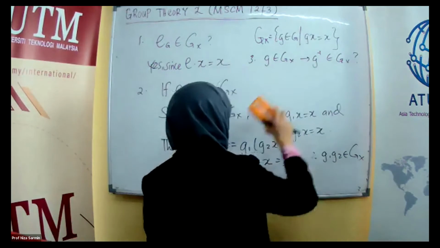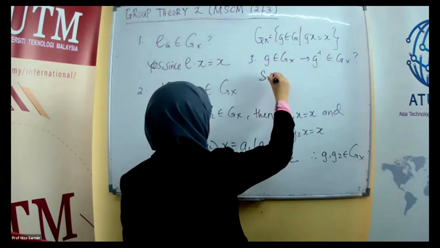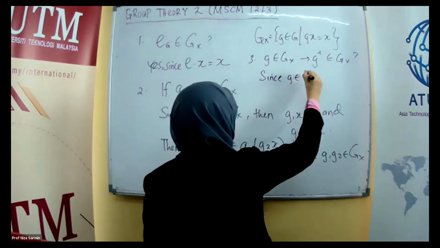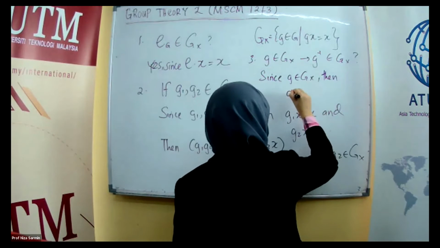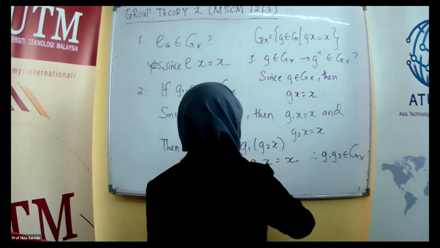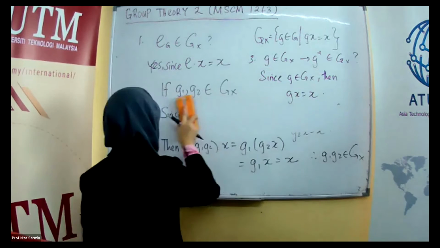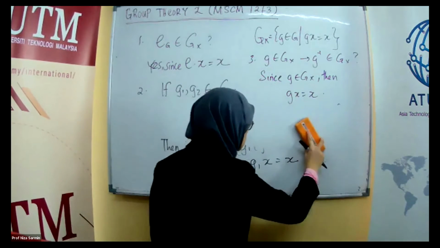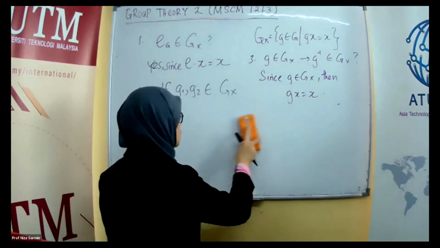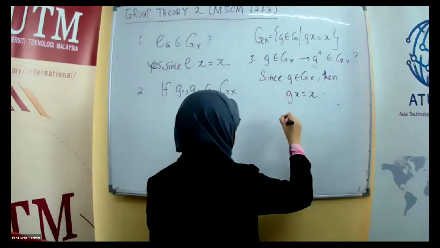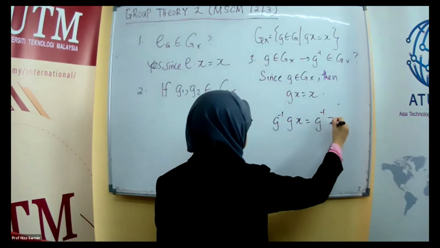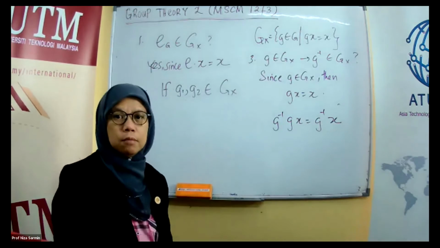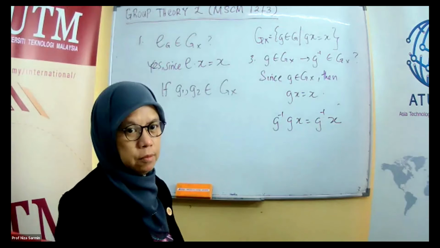Okay, so since G in Gx, then Gx is x, right? Since G is a group, the inverse exists. So try to multiply by G inverse, right? Multiply both sides by G inverse.